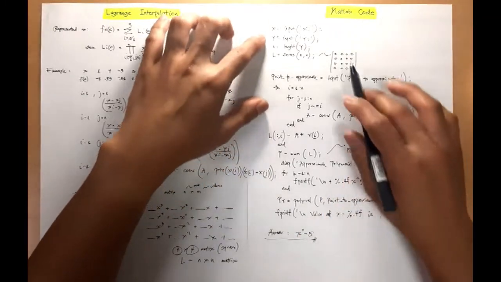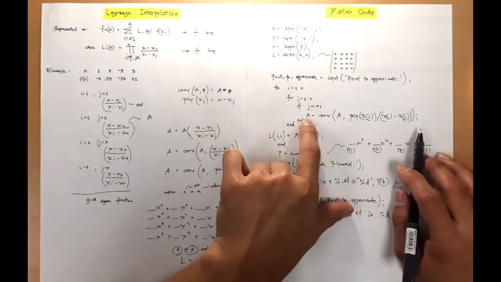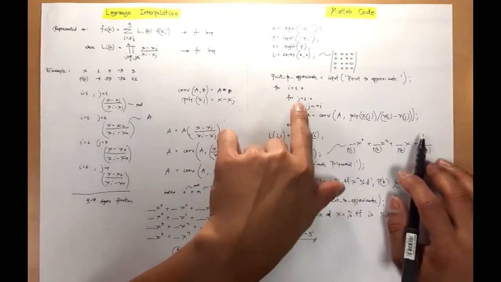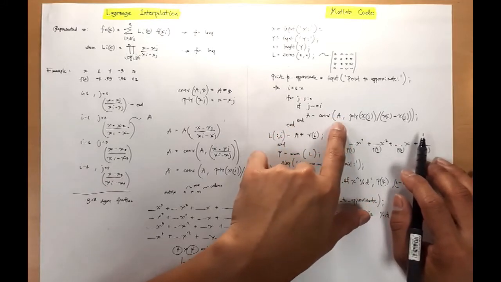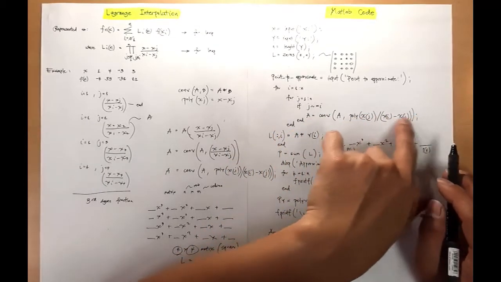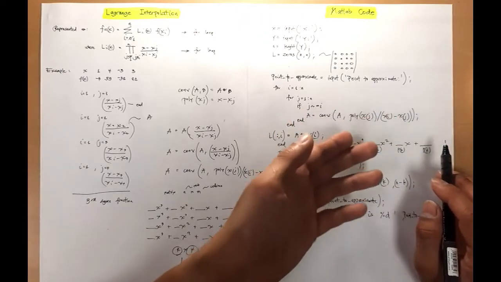Let's review first. We have I equal to here, as you can see, on the first iteration, we have to put the initial value of a, because on the very first iteration, it will multiply this polynomial to a, which is an unknown variable.